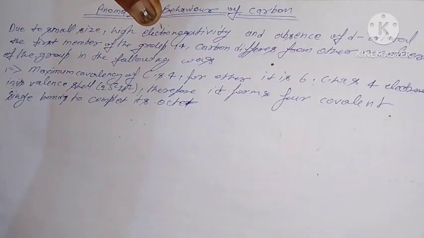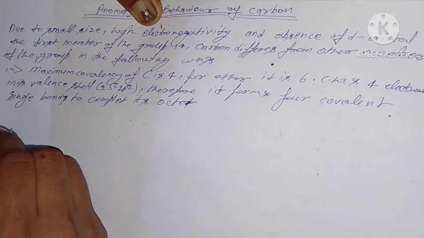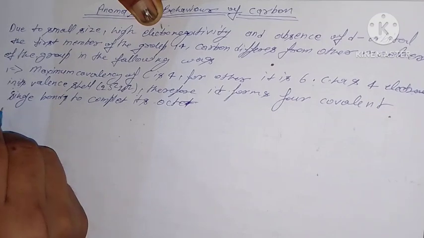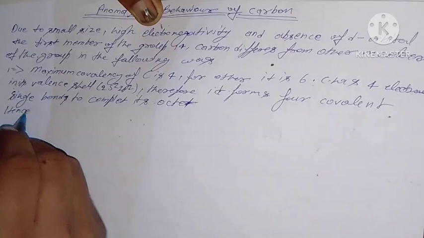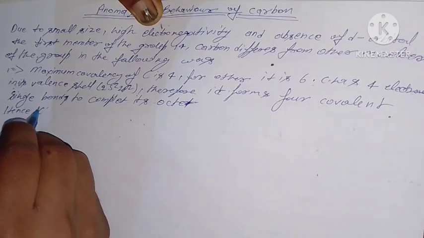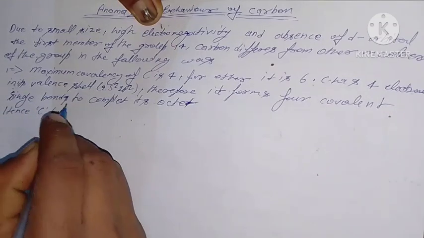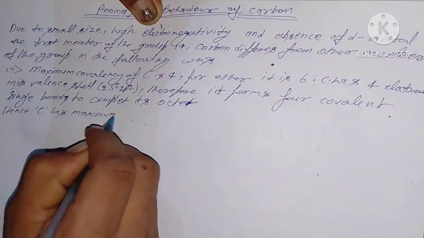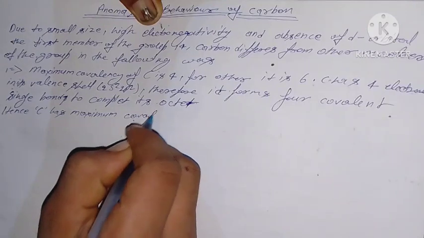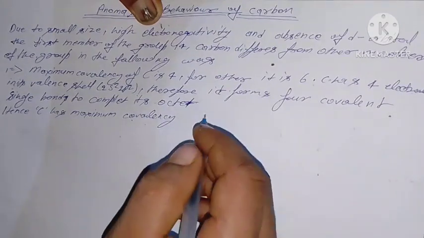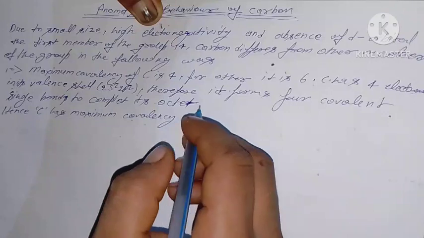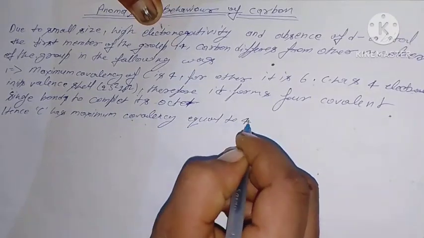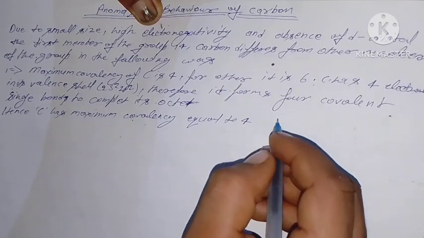Hence, carbon has maximum covalency equal to 4 because it does not contain d orbitals.